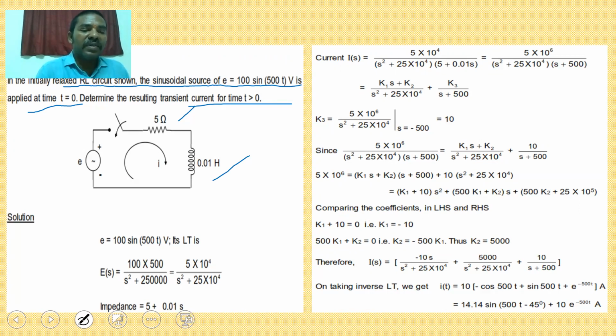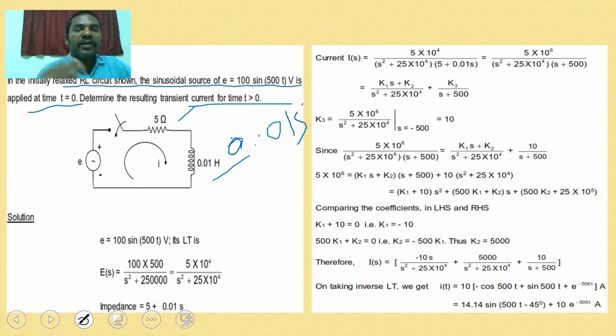So after closing this switch, the inductor value in terms of ohms is 0.01 s. So the impedance is resistance plus inductance. Okay. So E of S is equal to 100 into 500 divided by S square plus 500 square.